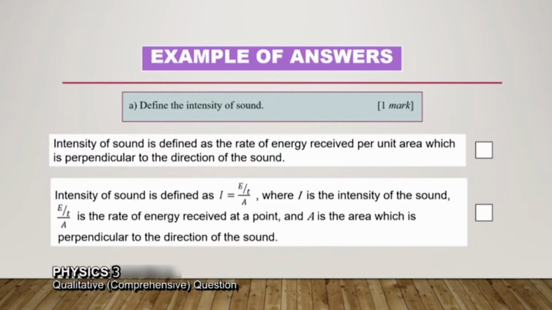Or some candidates may write: intensity of sound is defined as I equals E per T per A, where I is the intensity of the sound, E per T is the rate of energy received at the point, and A is the area which is perpendicular to the direction of the sound.